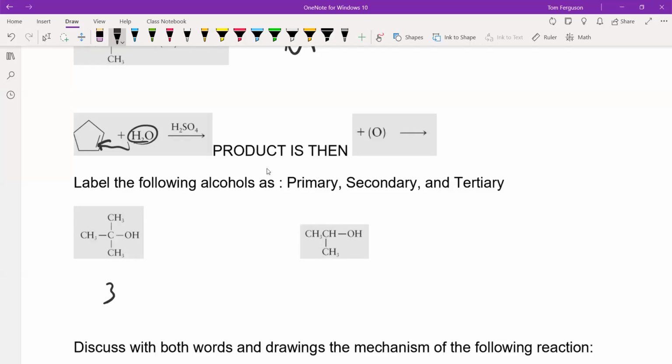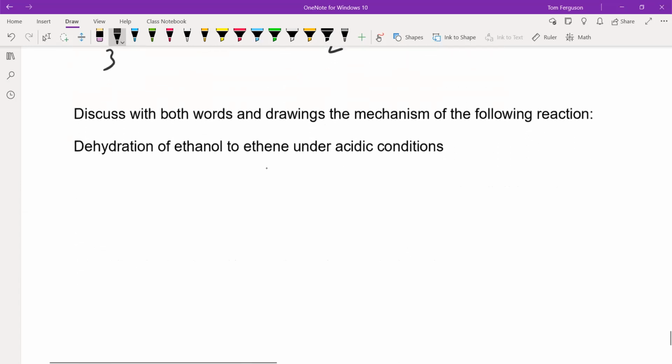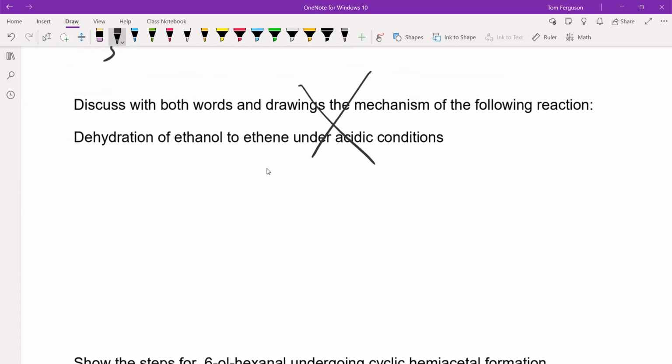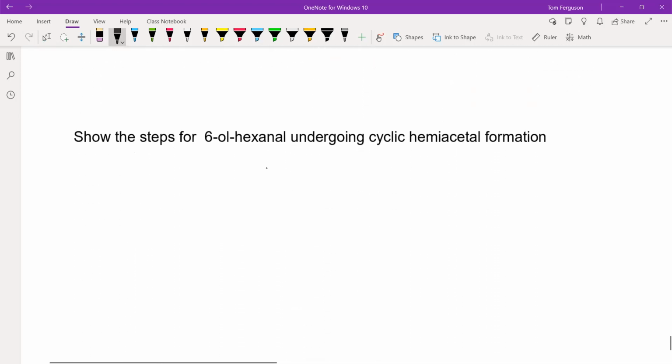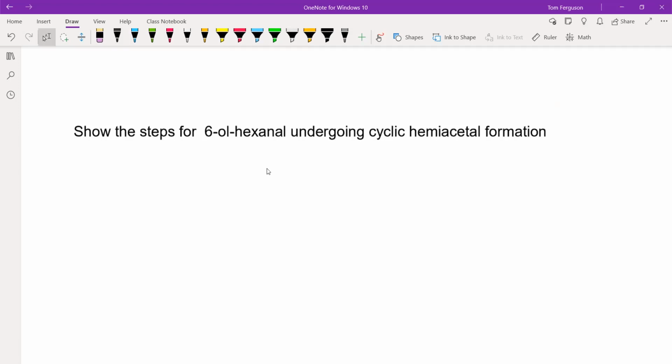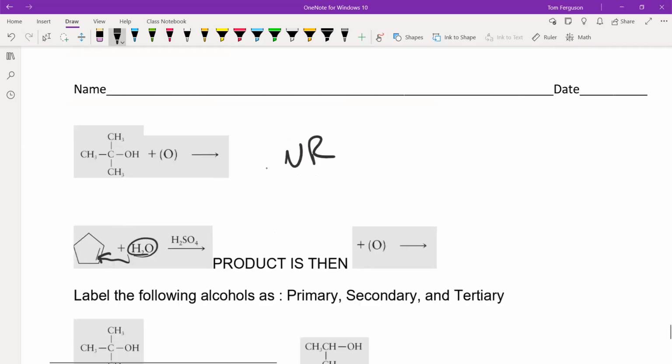So this is tertiary, secondary. We don't do mechanisms, lucky for you. And this is unit 2, and we're all done.